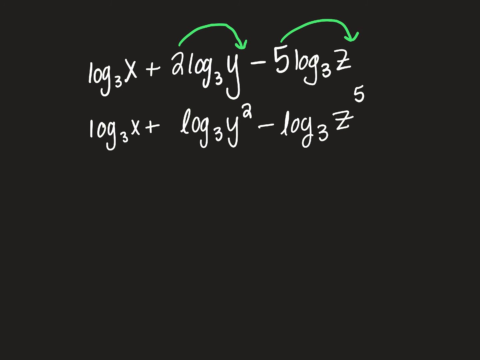Everybody with me so far with this part? All right, so then we're just going to go in order from left to right. So we have that addition first. So that means we'll condense these two and make this a multiplication. So we'll write this as log 3 of x times y to the 3rd. And then we just still have our log 3 of z to the 5th.